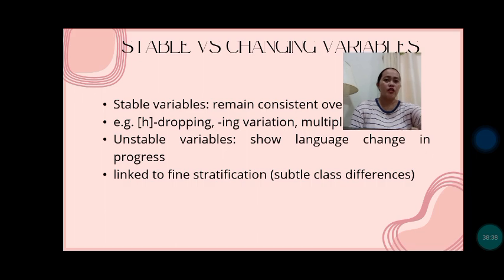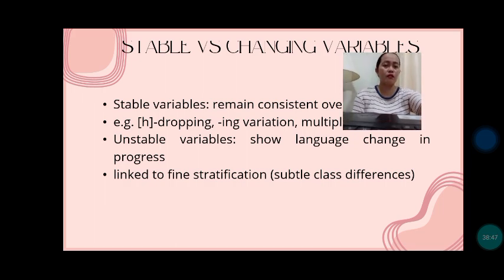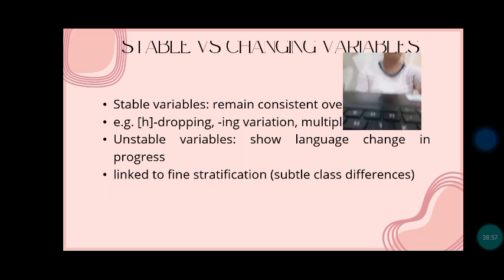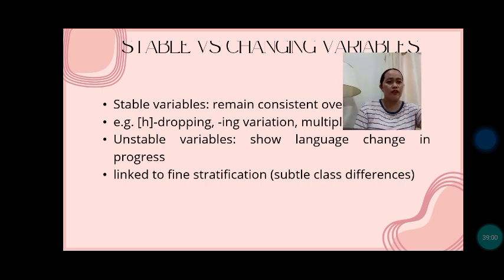And then changing variables reveal language change. And also, sociolinguistic research uses systematic methods to observe correlation between speech and society. Overall, language variation is patterned, predictable, and socially significant.